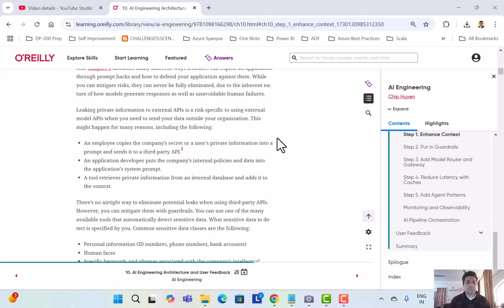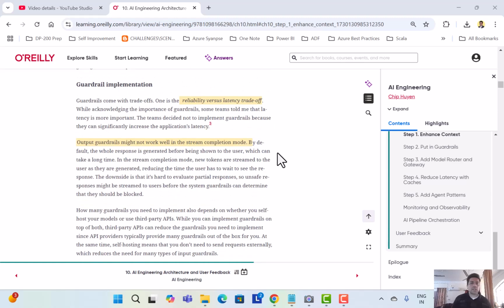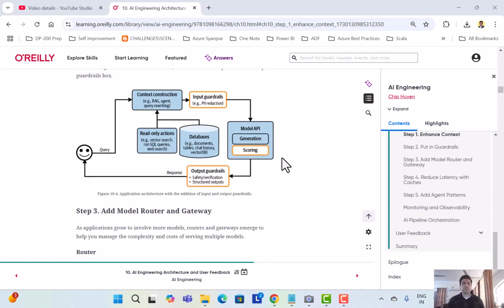And then in the next step, we saw in the last video the concept called guardrail implementation. There could be two types of guardrails: input guardrails and output guardrails. The input guardrails are where you don't want to send out personal information, PII.